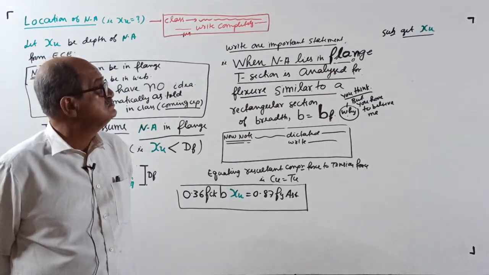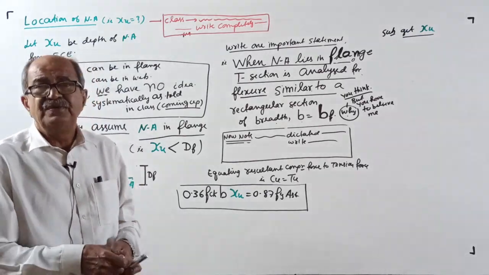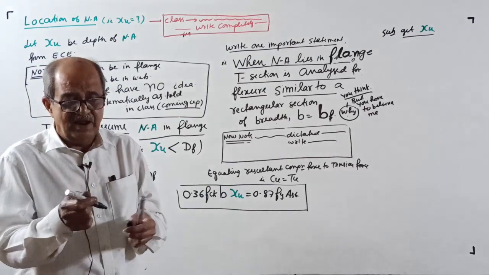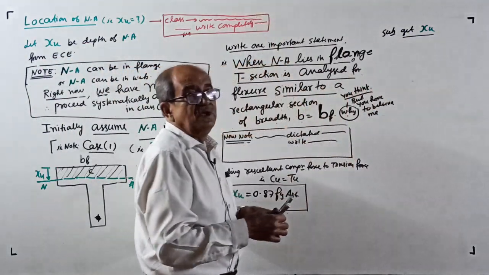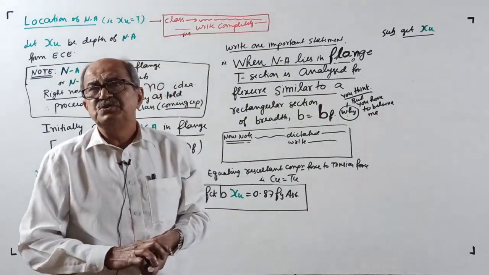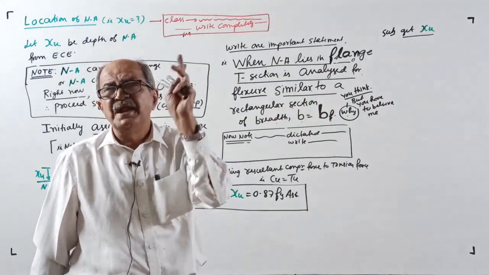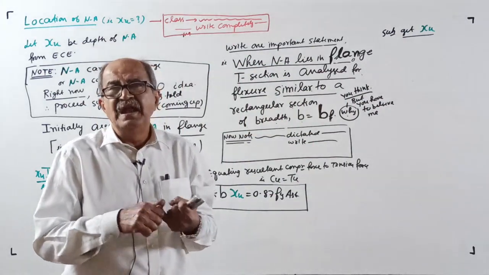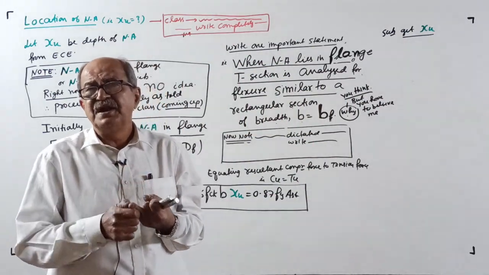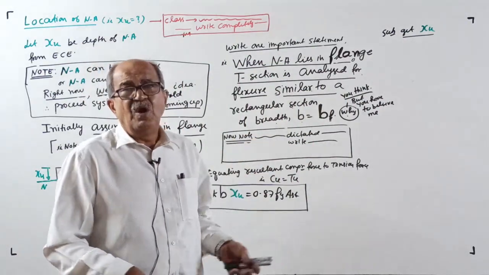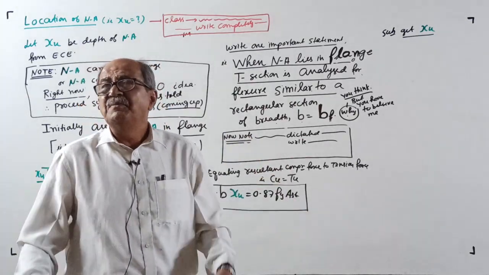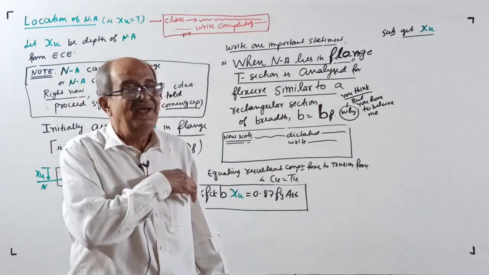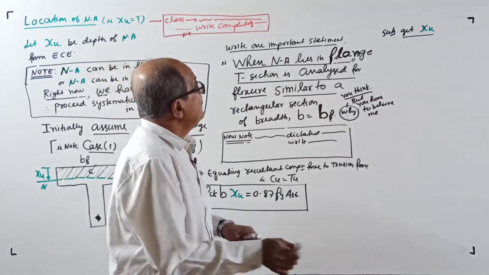Why no? Because I told so many times earlier, make a note, limit state method. Whenever you get xu, immediately, whether it is a singly reinforced case, a doubly reinforced rectangle, a T-beam with neutral axis in the flange or web, or an amoeba section, whatever it is, get xu.